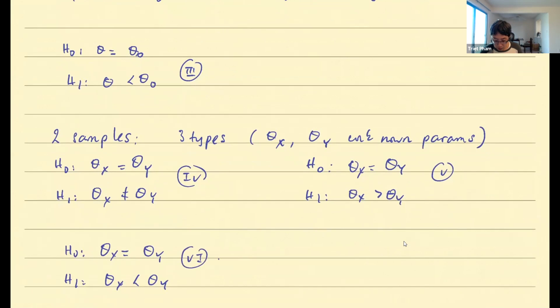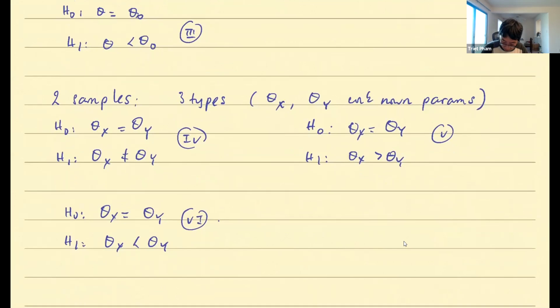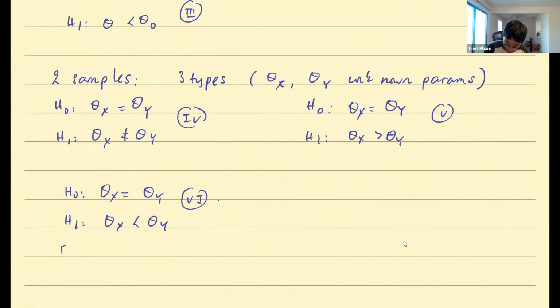So I hope you see that these are exactly parallel to the confidence intervals. And so their treatment, or the way the stats that we use to do hypothesis tests here, are exactly similar to the confidence interval context.